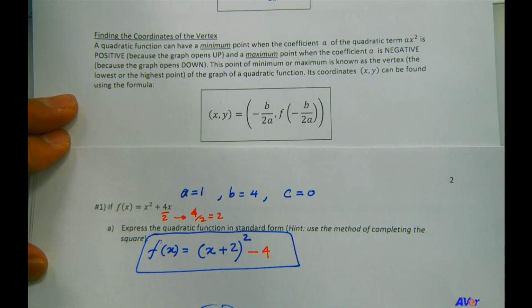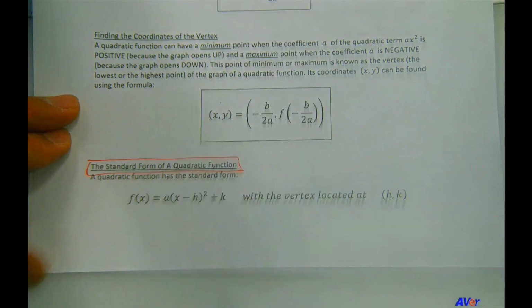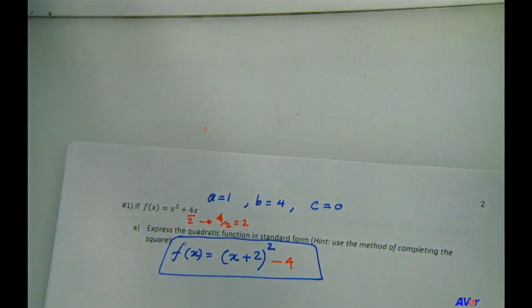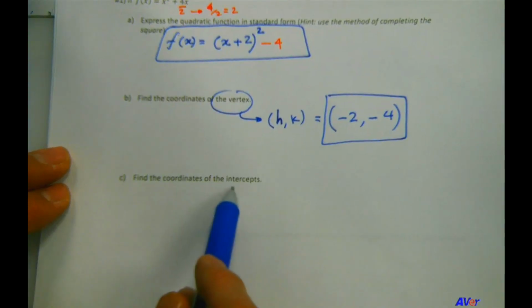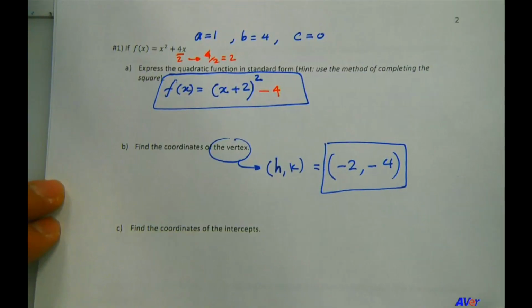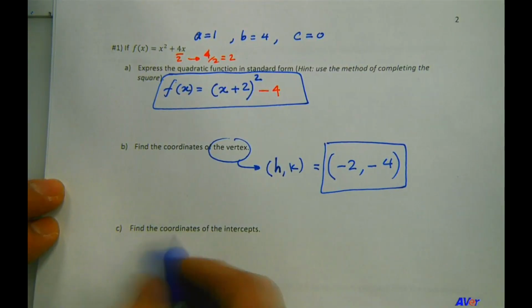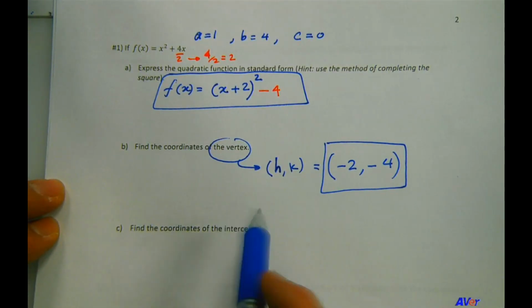And we have examples like that too. They'll come up. Okay, so what else are they asking? They're asking, find the coordinates of the intercepts. We can apply the quadratic formula.